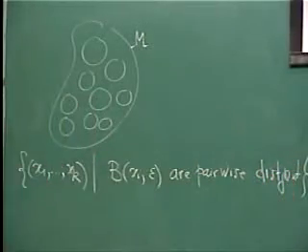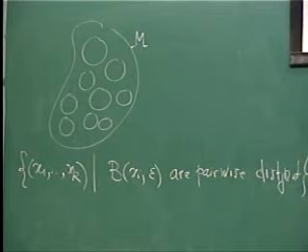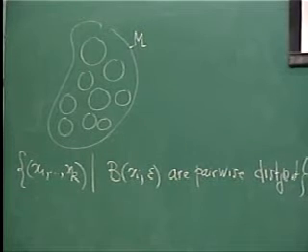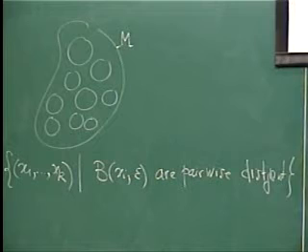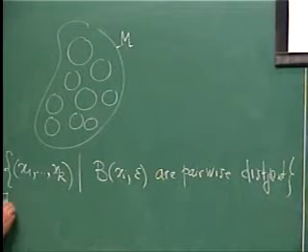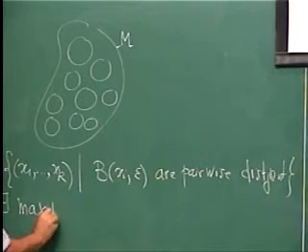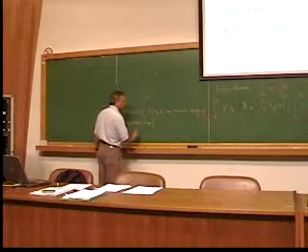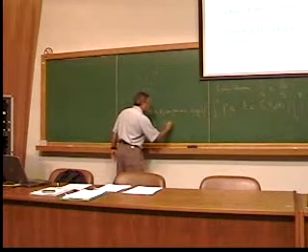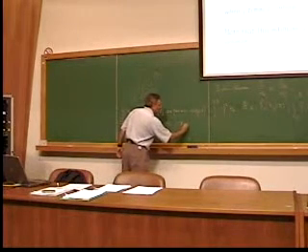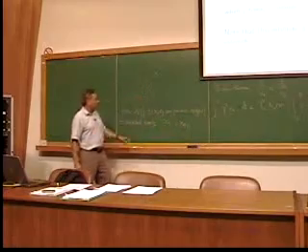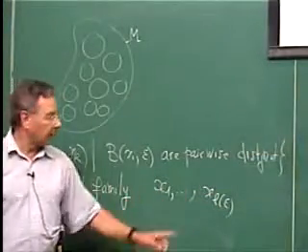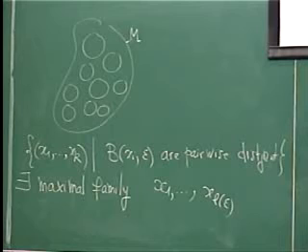Okay, so now by some abstract nonsense, you have that there exists a maximal family. Okay, so there exists a maximal family, let me call it x1 till xl of epsilon, a maximal family of balls that are pairwise disjoint.